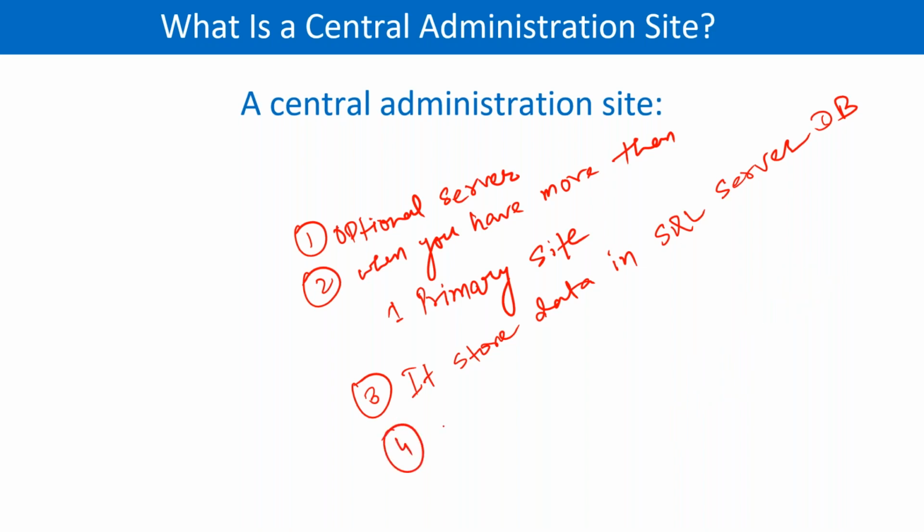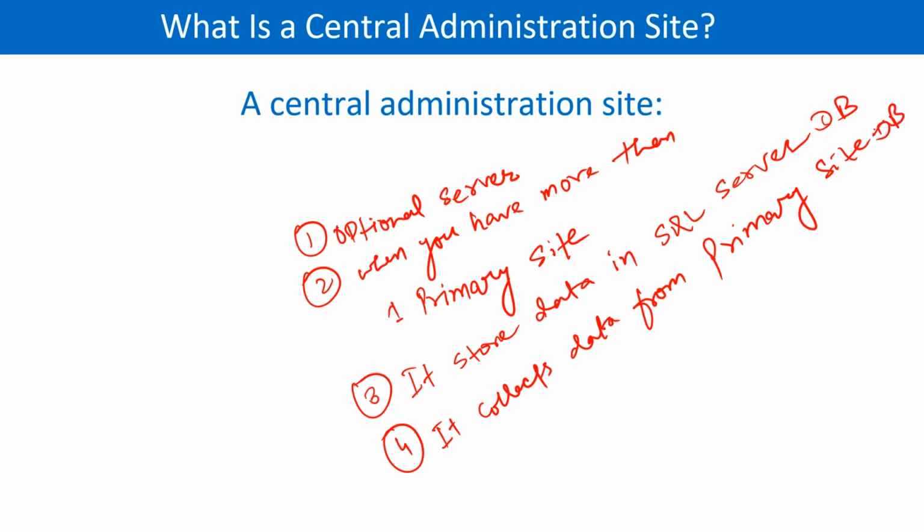Point number 4, it collects data from primary site database. Okay. So suppose, when do we need it? When you have more than one primary site. So let's say primary 1 and primary 2. You can have primary 3, primary 4.